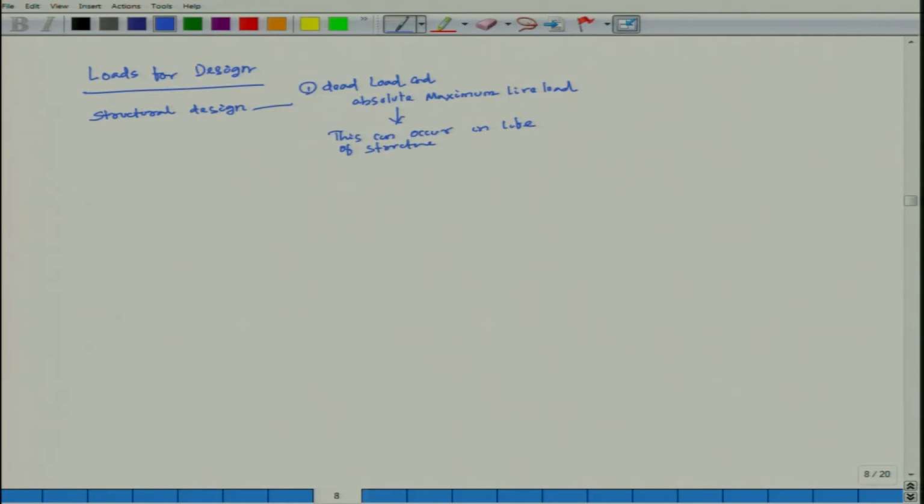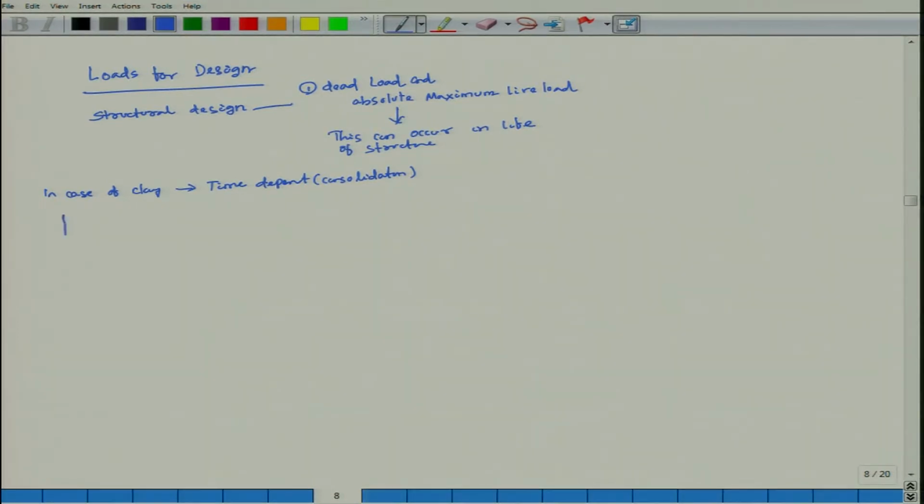This is equally applicable to soil design in sand. In the case of clay, it is time dependent, that means consolidation, and it can be applicable to sand.